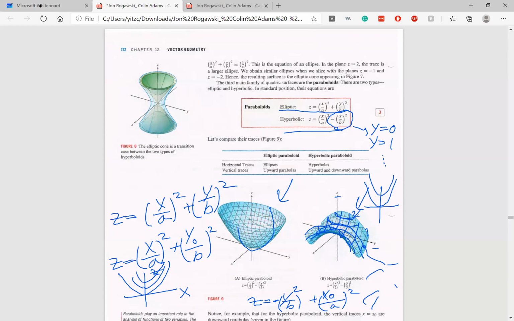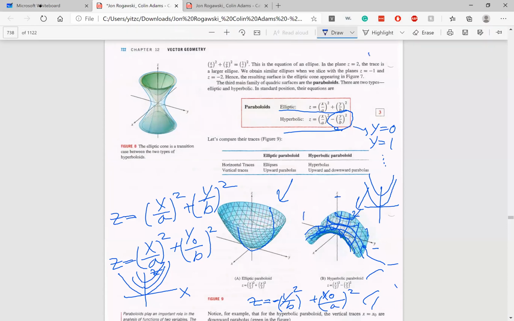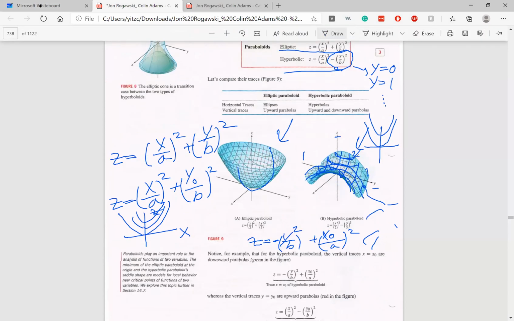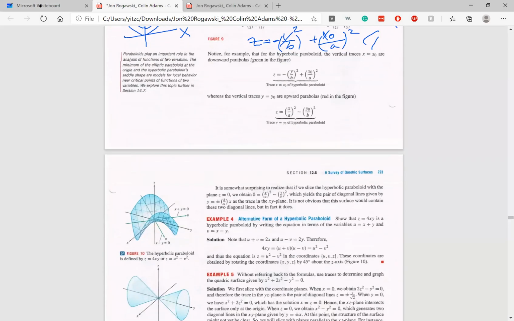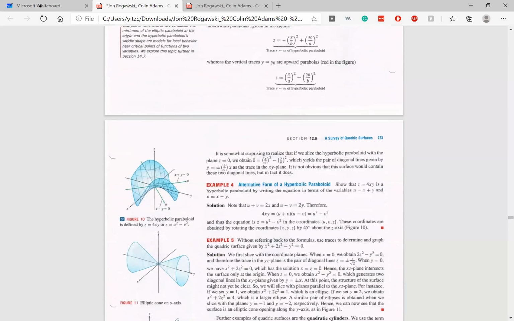Makes sense. Okay, perfect. So now they're going to talk about that. And then they say, show that this equation is a hyperbolic paraboloid by writing the equation in terms of the variables u and v. Okay, so you plug it in, you get u squared minus v squared is equal to z.